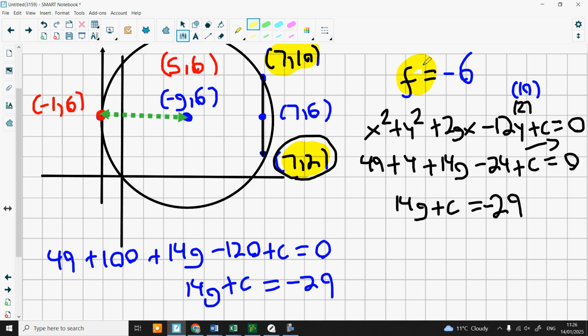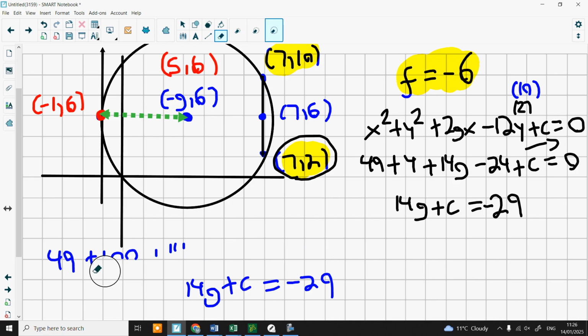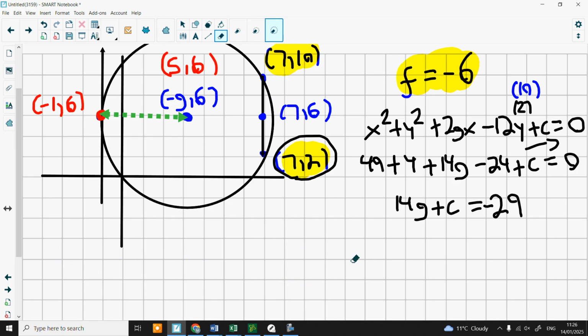We used those 2 points to find out that f was minus 6. So we've reused the same information twice. If that ever happens, it means you have to come up with a new equation. You recycled the information twice. So bottom line, we're stuck now. All right, so there is a radius formula, isn't there? What's the radius formula?